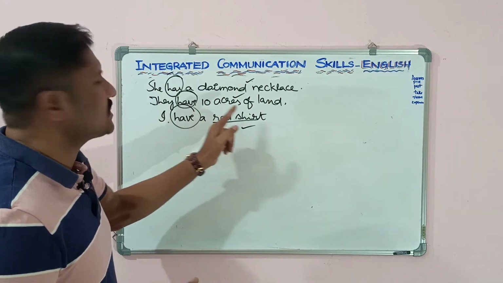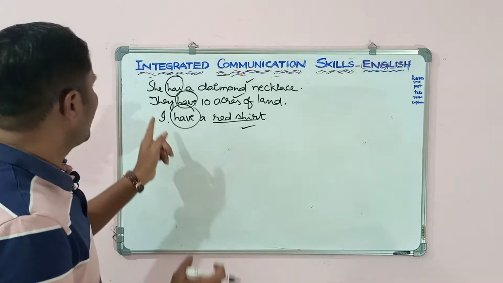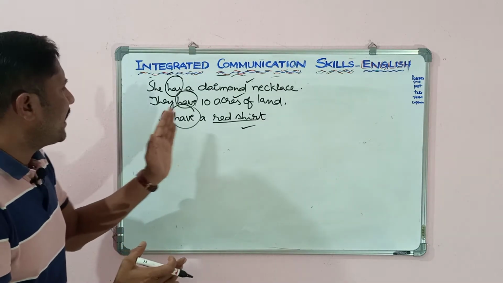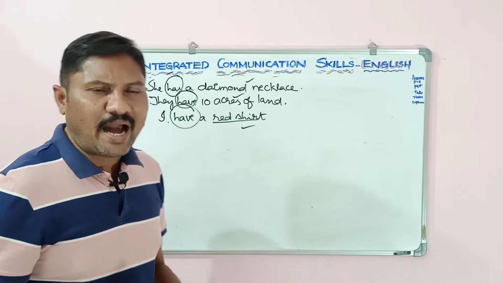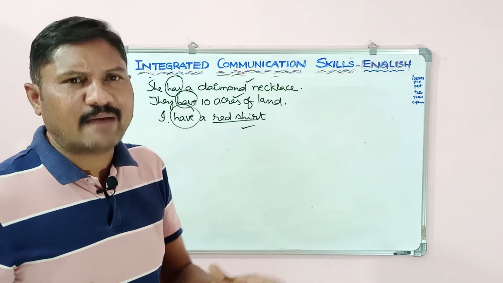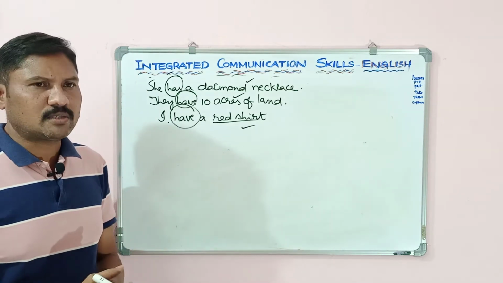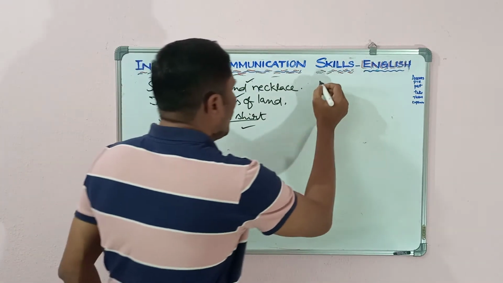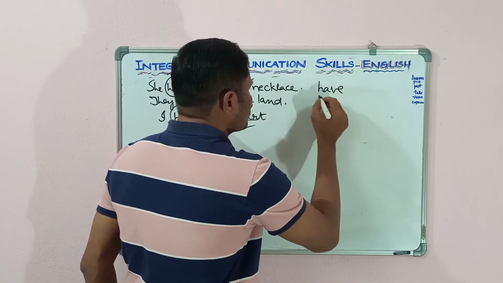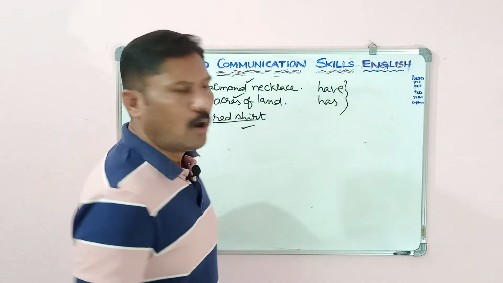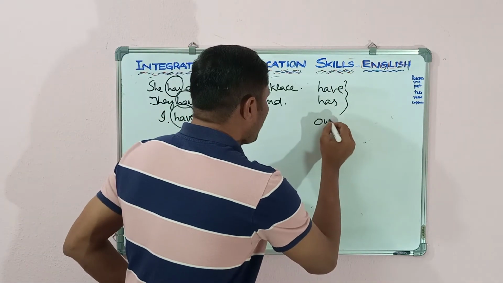They have 10 acres of land, that means they possess 10 acres of land. I have a red shirt, means I am the owner of a red shirt. I possess a red shirt. These have or has show us the ownership.